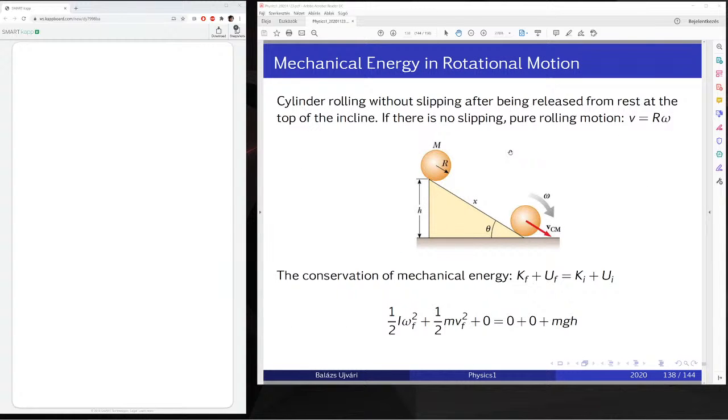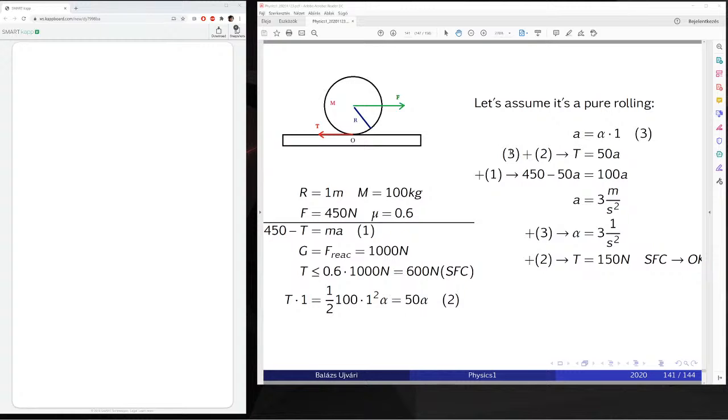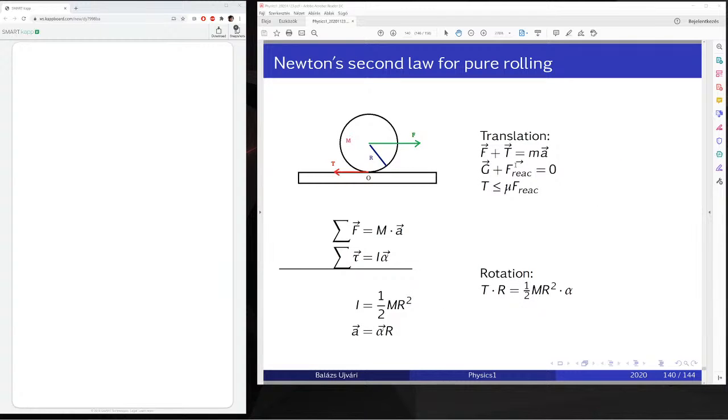Let's look at this example. Oh no, the previous one. This is also a rigid body, can translate and can rotate. This is a wheel or cylinder.